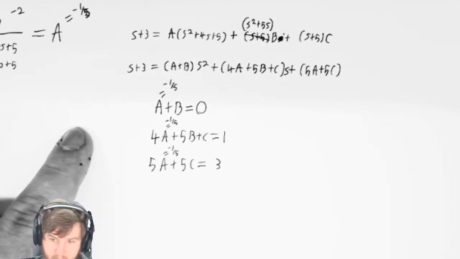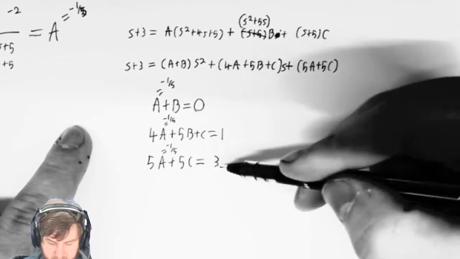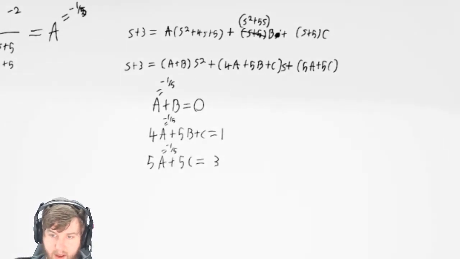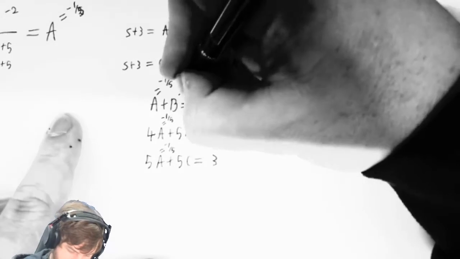So that gives us enough information just from this equation, and from this equation we can calculate B directly. If negative 1/5 plus B is equal to 0, that means B has got to be equal to 1/5.